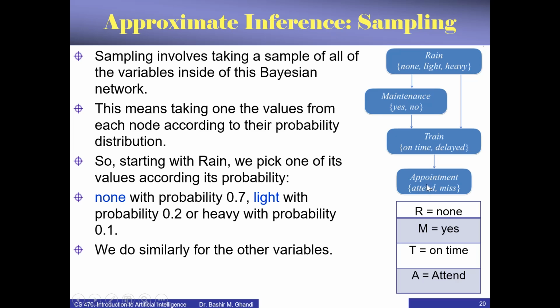And finally, we pick one of these randomly according to the probability. So let us say again we pick attend. Okay, so this is one sample: picking a value for each of the random variables according to their probability distribution.